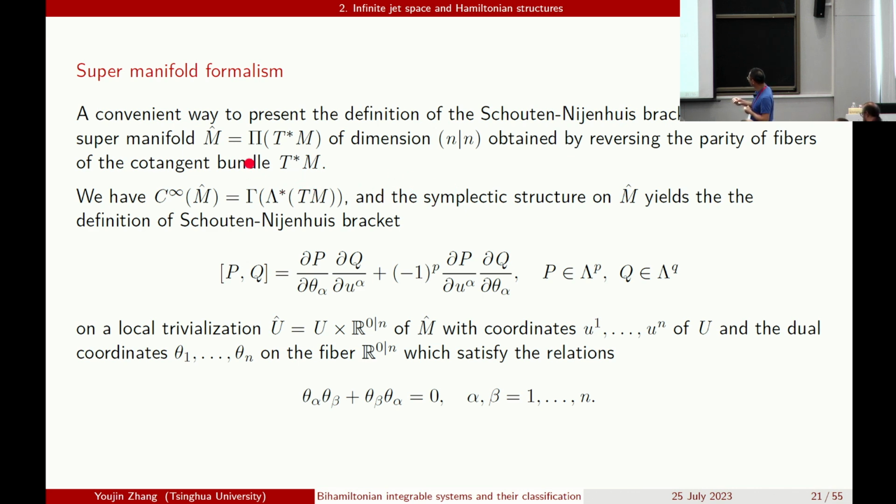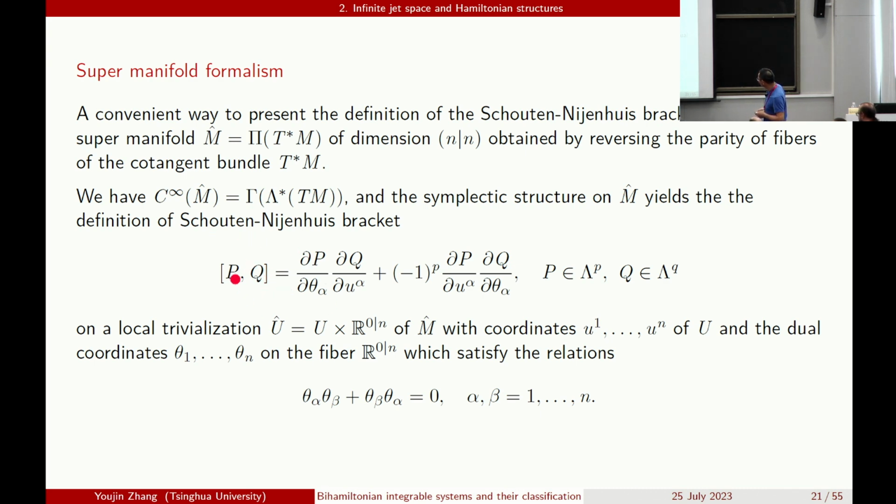We obtain this supermanifold, and then the multivector fields of the original manifold M can be described by smooth functions on the supermanifold. This gives a very convenient way to describe the Schouten-Nijenhuis bracket by using the canonical symplectic structure on this supermanifold.